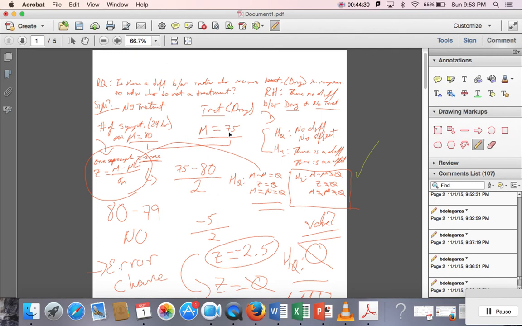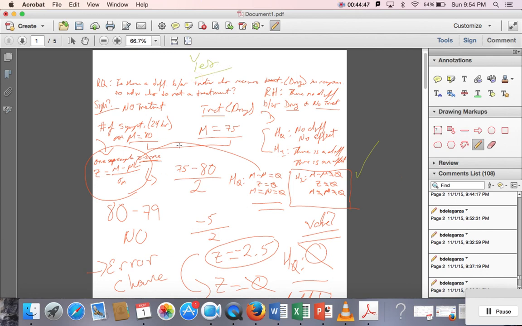Going back up to the example that I set up: is the difference between my drug treatment average and the population average significant? And the answer is yes. How did I draw that conclusion?